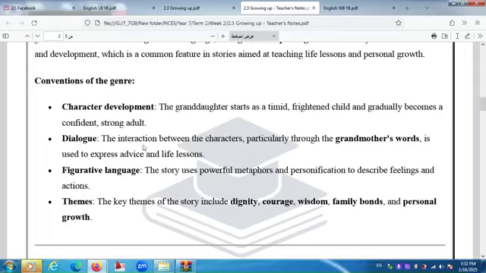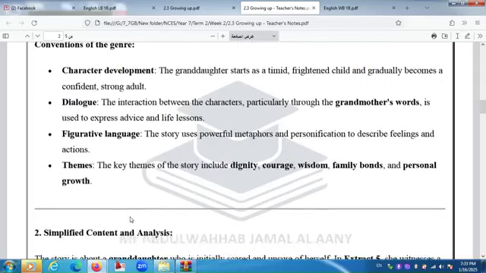There is a dialogue between the characters, particularly through the grandmother's words, and it is used to express advice and life lessons. We have lots of figurative language in the text. We have powerful metaphors, personification, and imagery in order to describe the feelings and the actions and the theme, the central message, the most important concept we want to deliver today: dignity, courage, wisdom, familial bond, and personal growth.